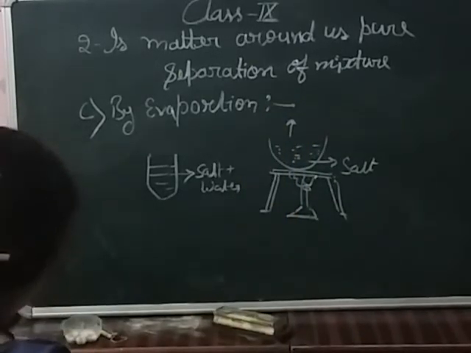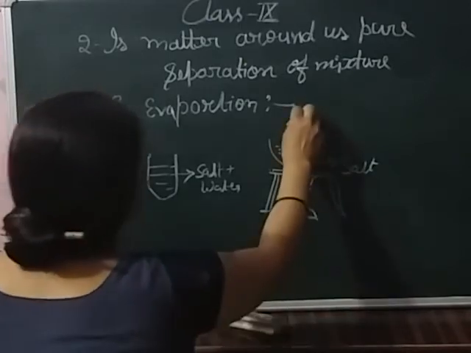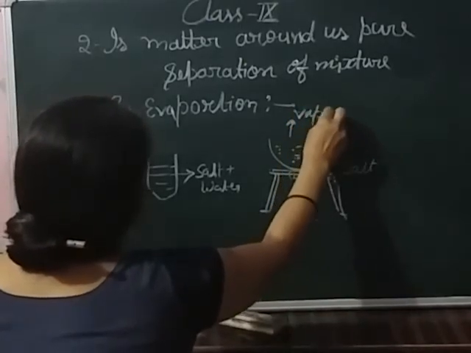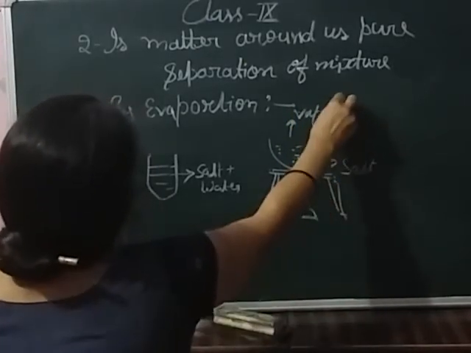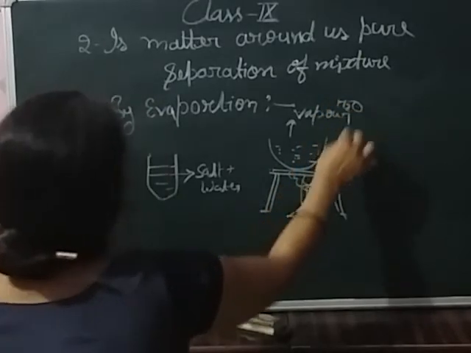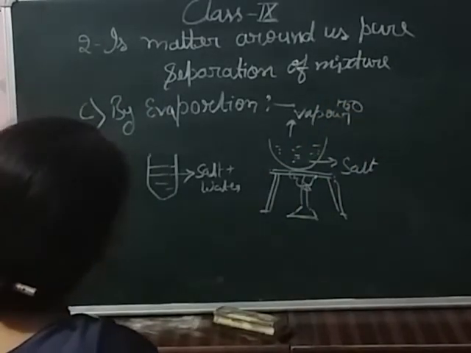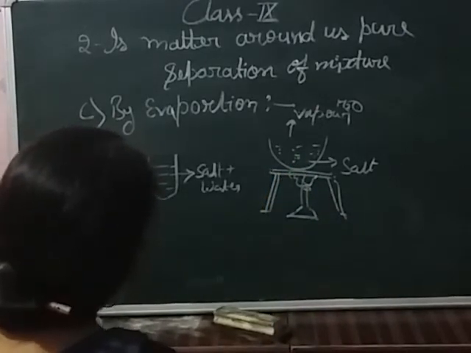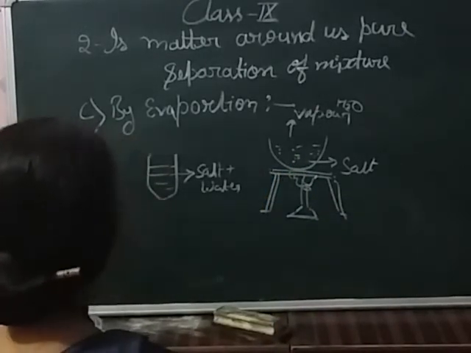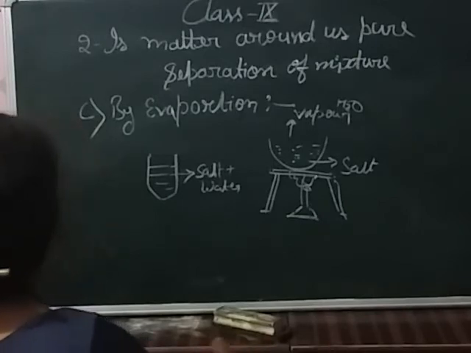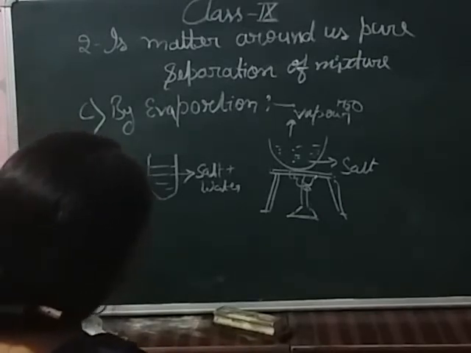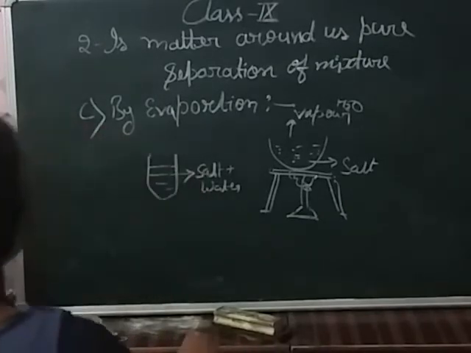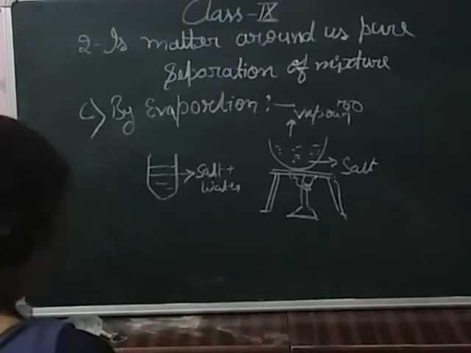It is steam, and this is pure water. After cooling, the residue left in the china dish is the salt. So this is the separation of salt from the salt solution. So this is the evaporation technique.